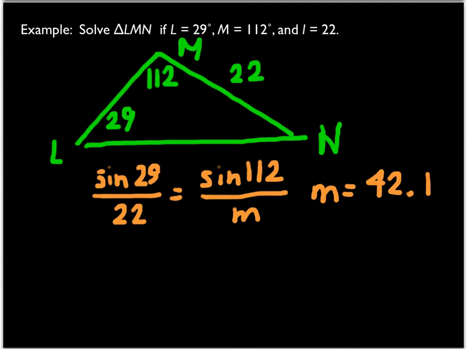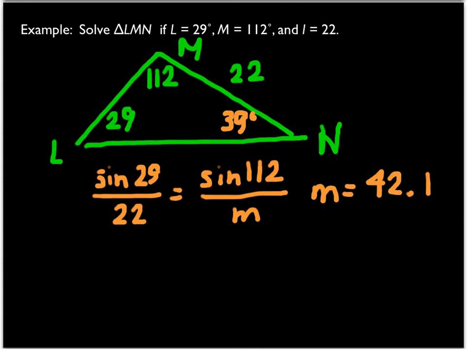And then the next thing we'll need to do is find side n. By the way, our other missing angle would be 39 degrees. That is obtained by the sum of all the angles in a triangle equaling 180.